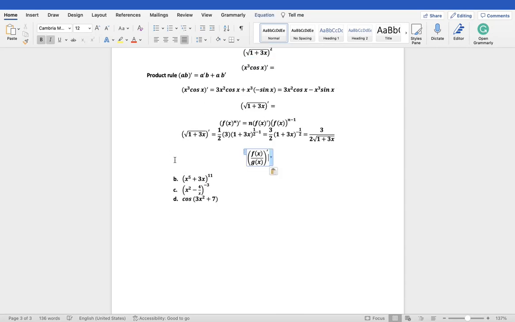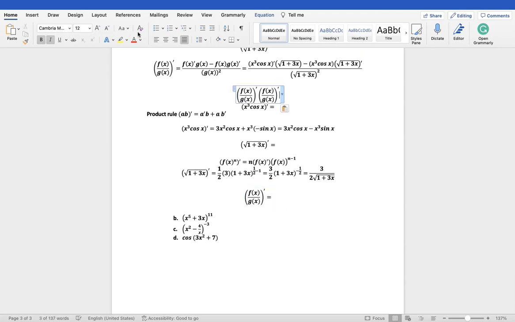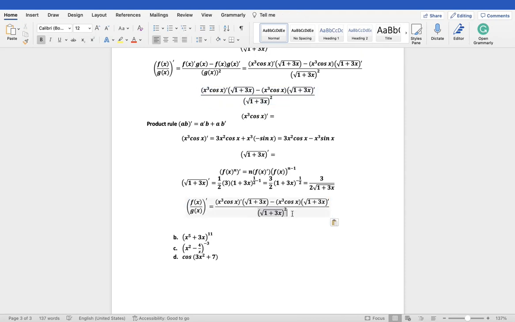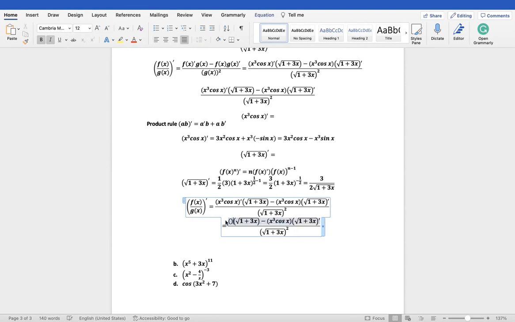So finally, or rather next, if we copy this, now we plug in the values that we just got from our calculations. What we get is the derivative of x cubed times cos x. We substitute it with this whole thing that we found here. So let's open the brackets and put this in.